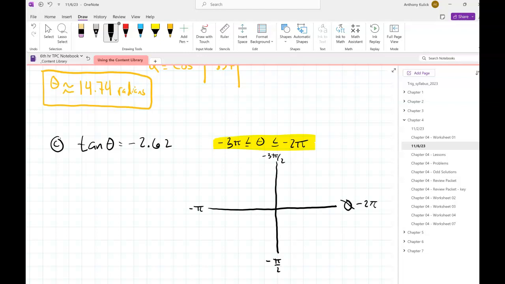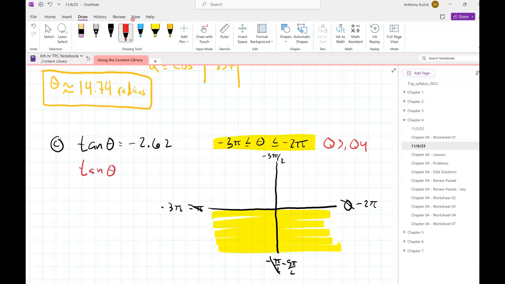Okay, that's my start. Negative 5 pi over 2 to negative 3 pi. So we're looking in quadrants 3 and 4. So far, so good.